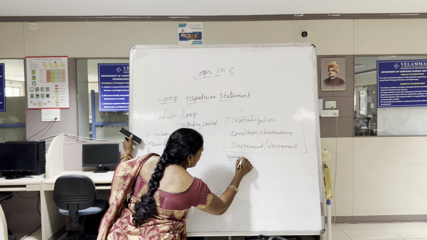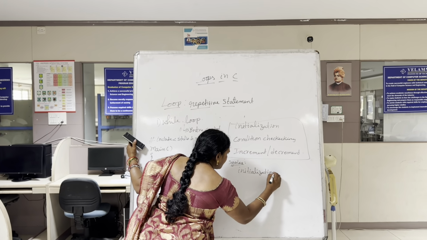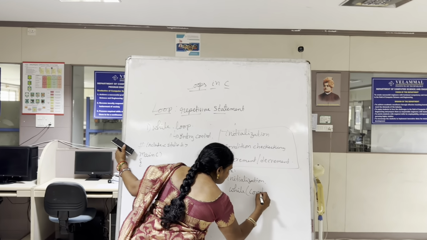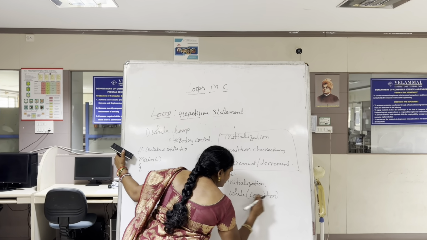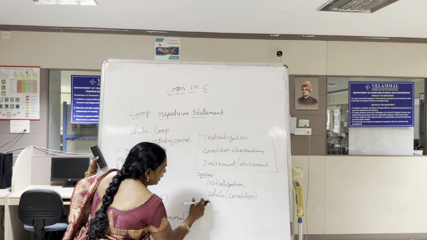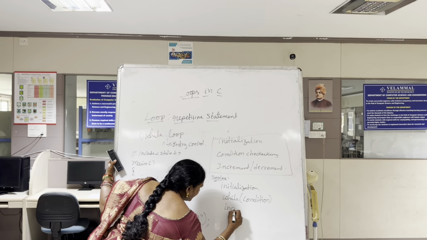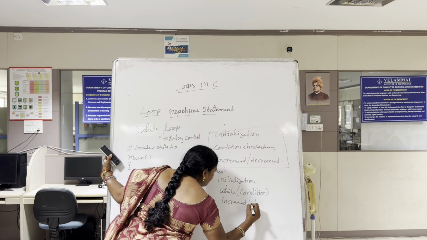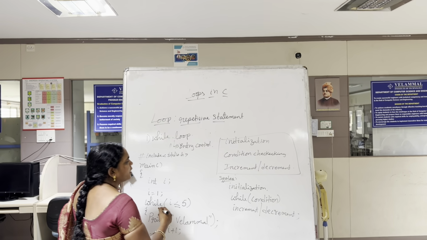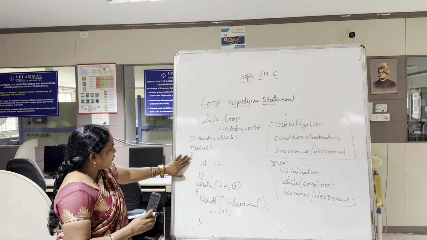Syntax of while statement is: initialization, while condition, that is the iterative condition, where it will be repeated n number of times if we want. Next after that, increment or decrement of the value of a variable. Okay, this is the syntax for a while statement.